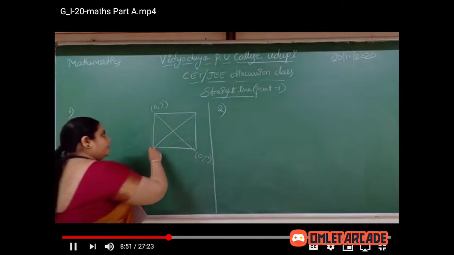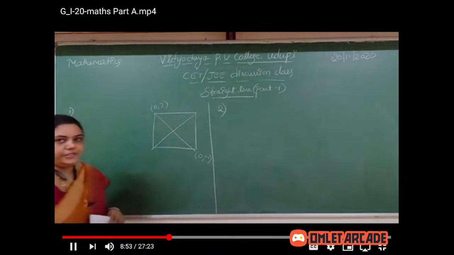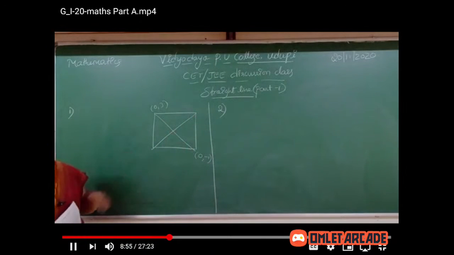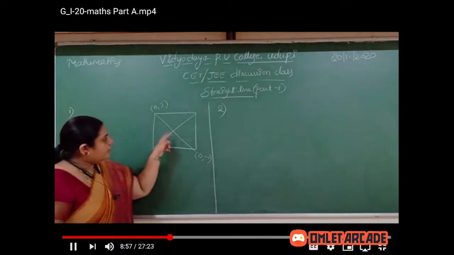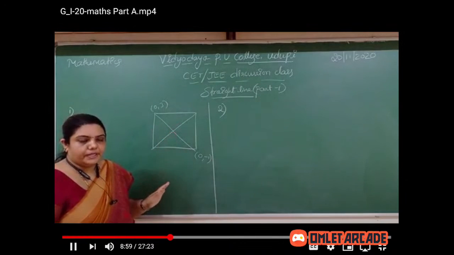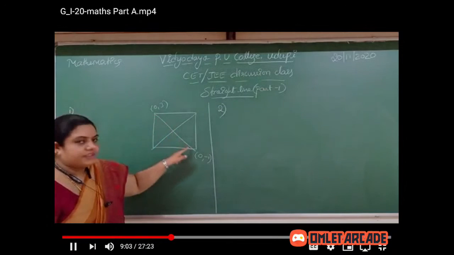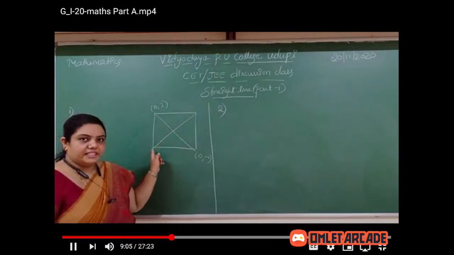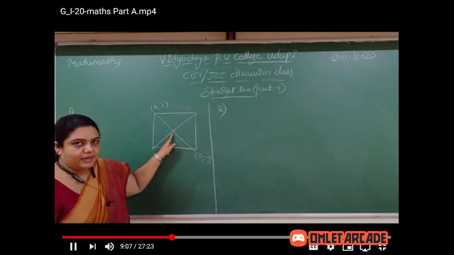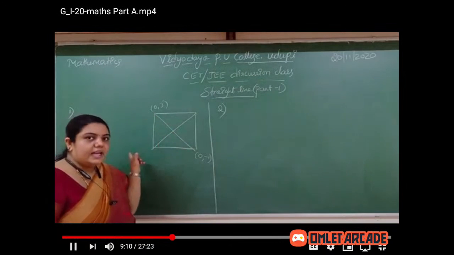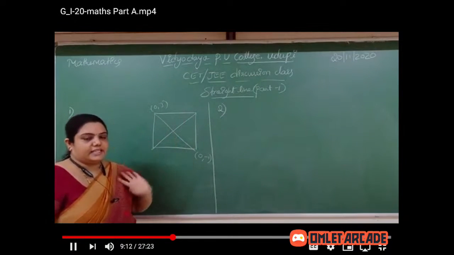So you need to find the other two vertices. This is the question. So for a square, of course, the length of the diagonals will be the same, isn't it? And also the midpoint of this diagonal and the midpoint of this diagonal coincide. Am I right?